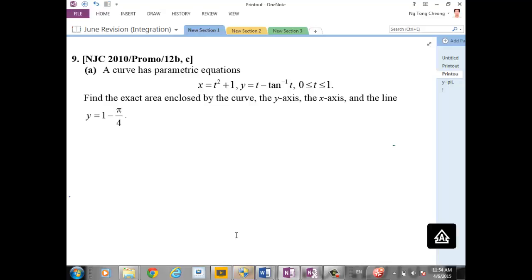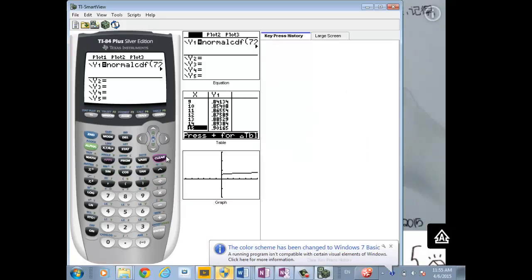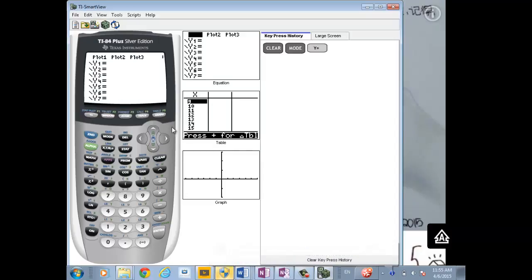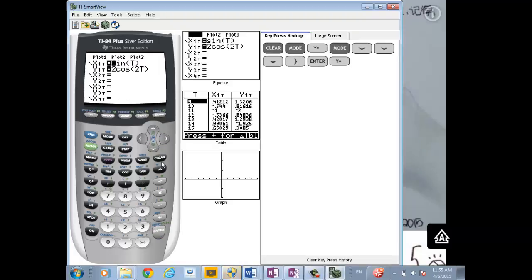So basically when you see a parametric equation, first thing, sketch. They want you to find the region. So I'll go change it to parametric first, then I key in this 2.